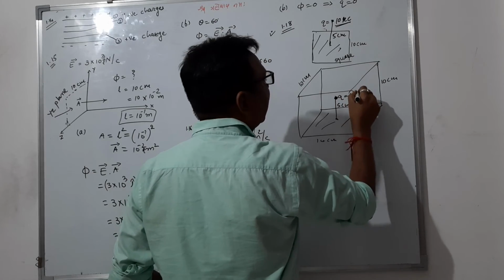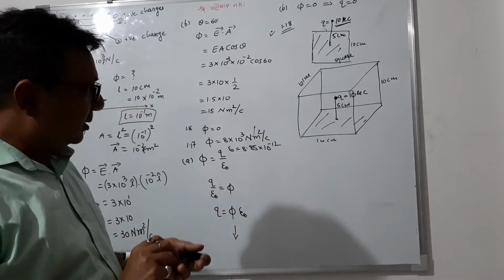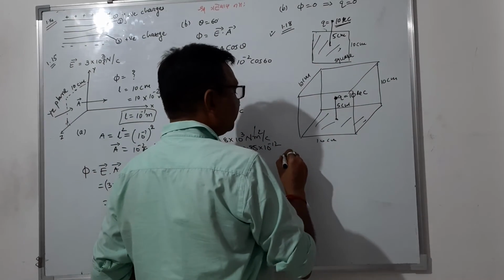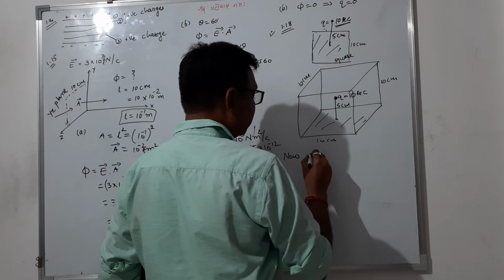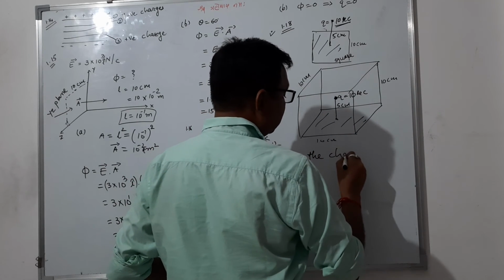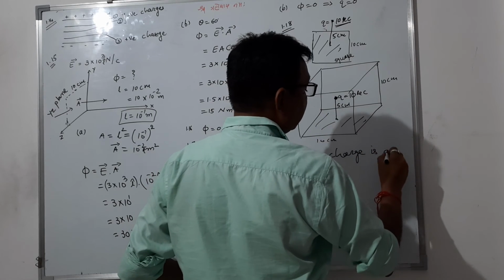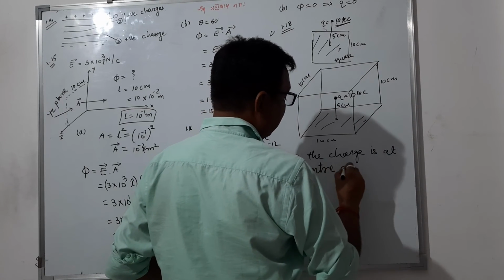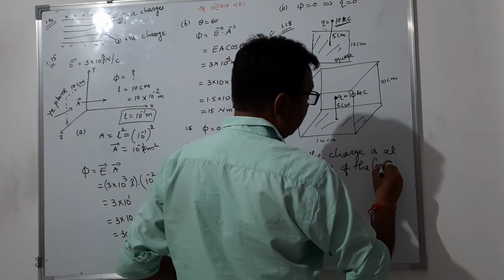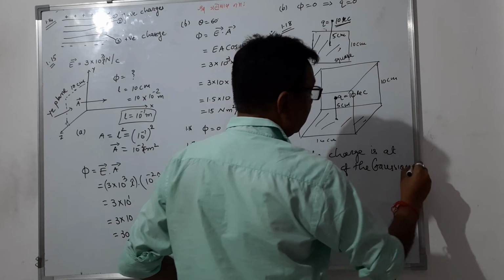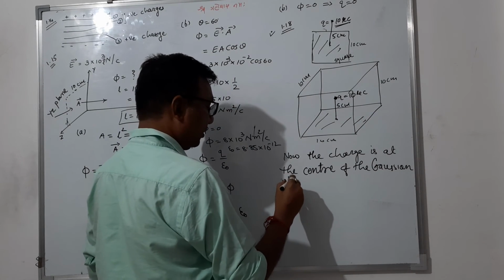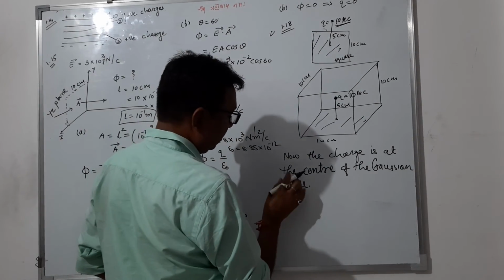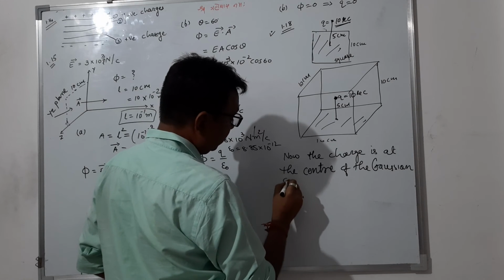Q is equal to 10 microcoulomb, in the center of this cube. Now the charge is at the center of the Gaussian cube.